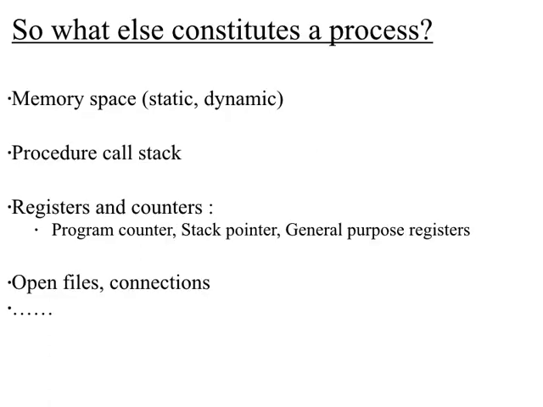So a process has a lot of different components. Some of the most important components of a process are the memory, its procedure call stack, and the set of registers and counters that are associated with the process.